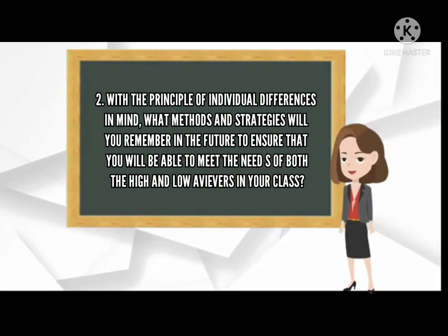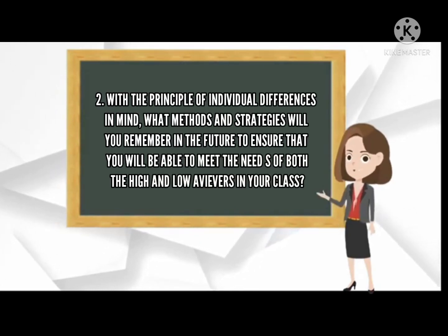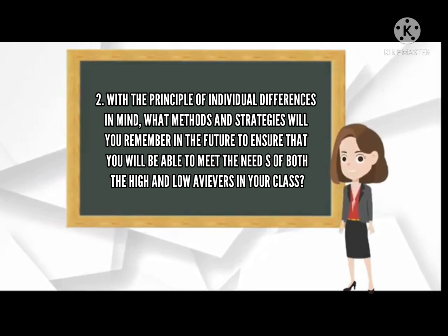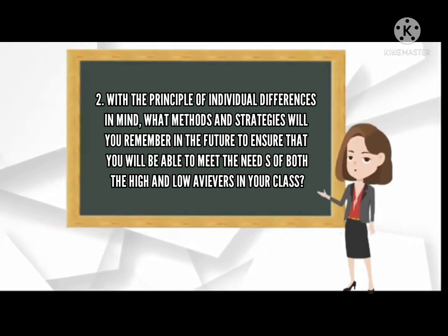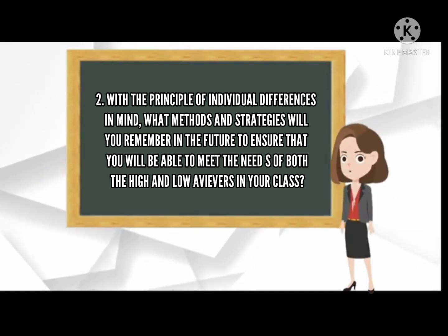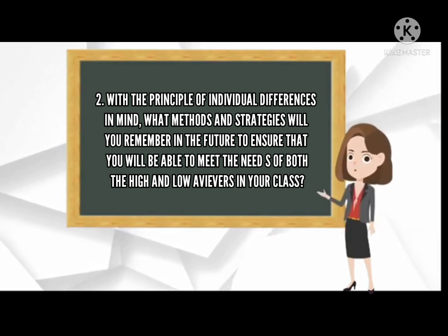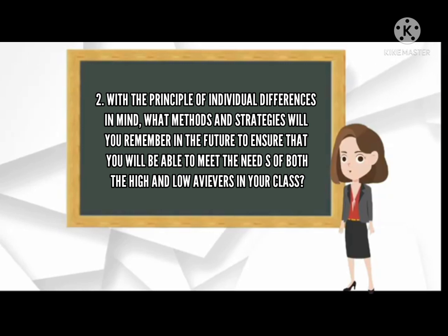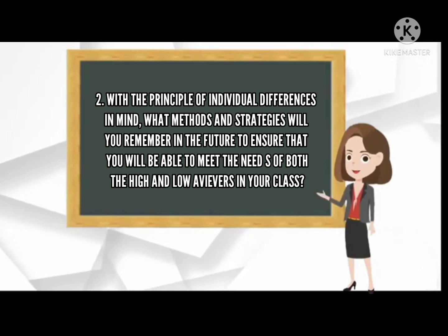Number 2 question. With the principle of individual differences in mind, what methods and strategies will you remember in the future to ensure that you will be able to meet the needs of both the high and low achievers in your class?